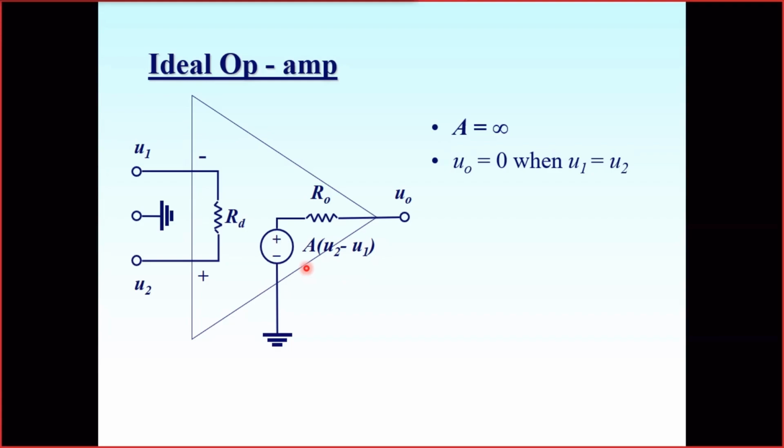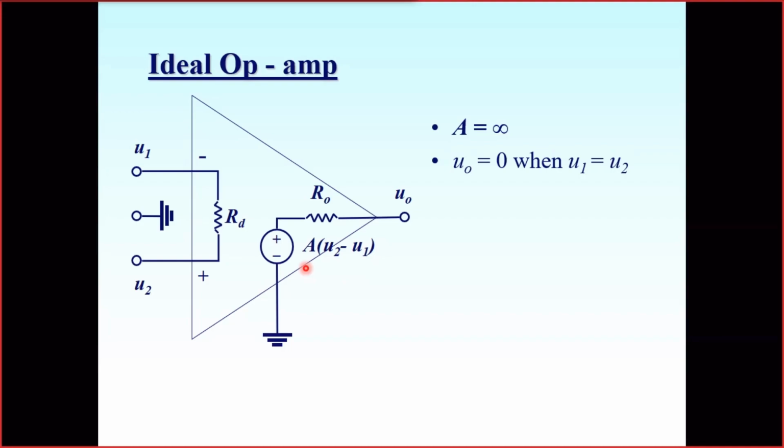Of course, it's a little bit strange because why we do so, but because we use it as a model of the ideal amp, empirically we say that yes, it works. So when the inputs are equal, the output generally should be 0. From the mathematical point of view, this output actually is not defined because we have to take an infinite gain and multiply it by 0.